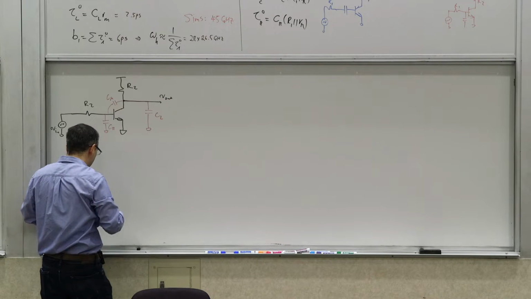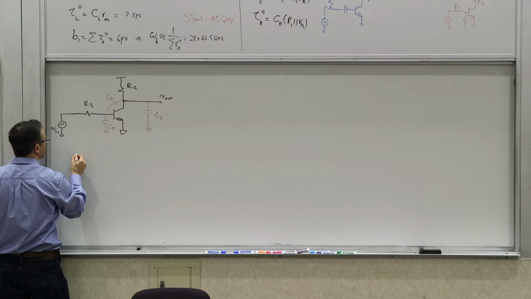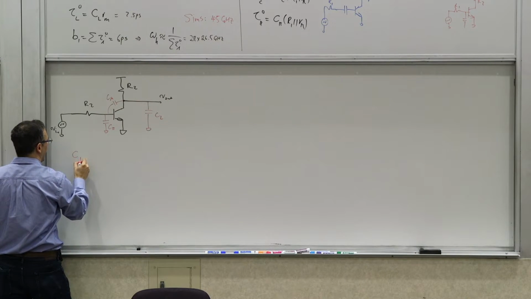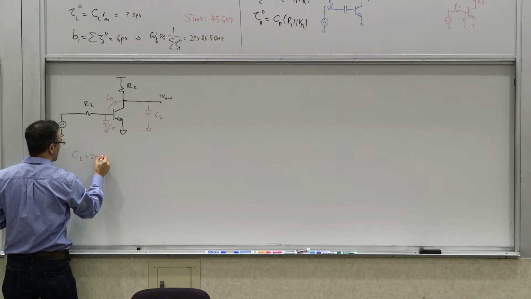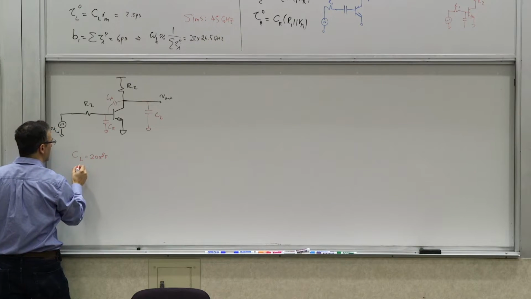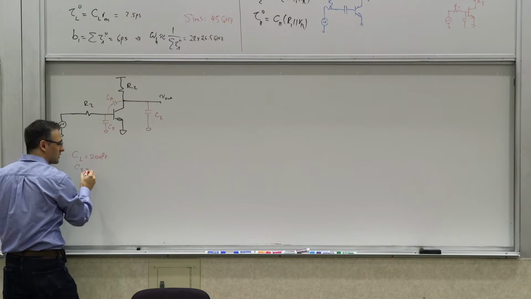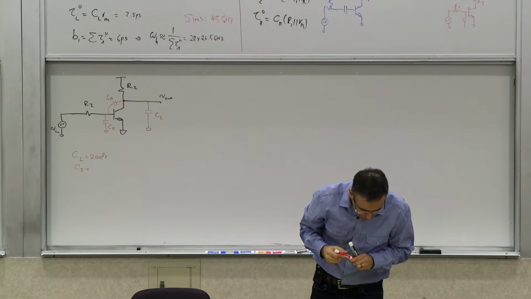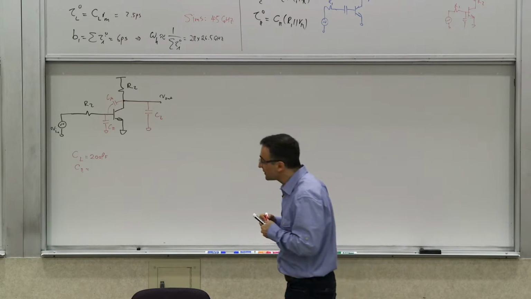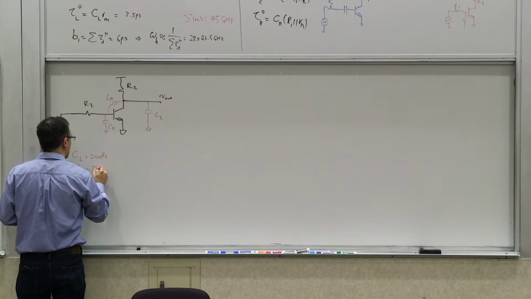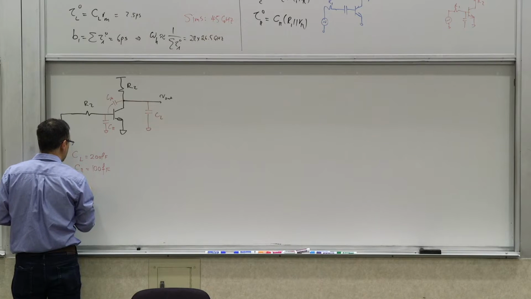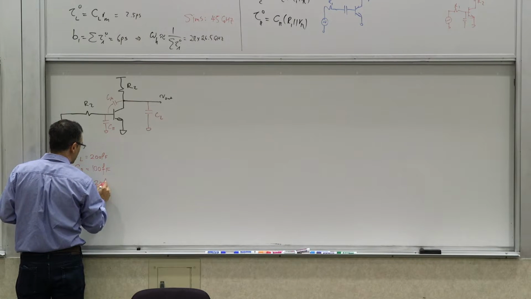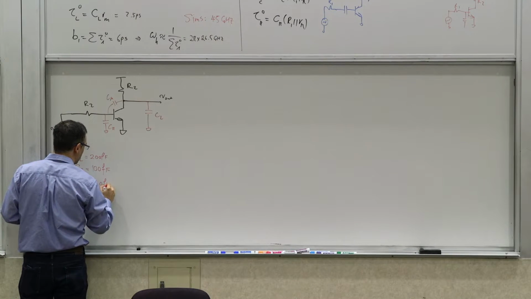The values of the components were CL was 200 femtofarads, if I'm not mistaken. C pi was 100 femtofarads, and C mu was 20 femtofarads, the same values.